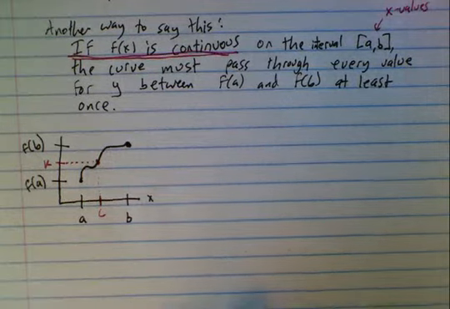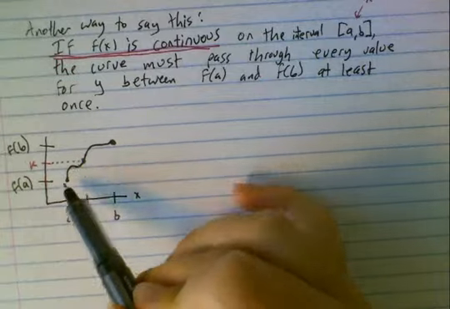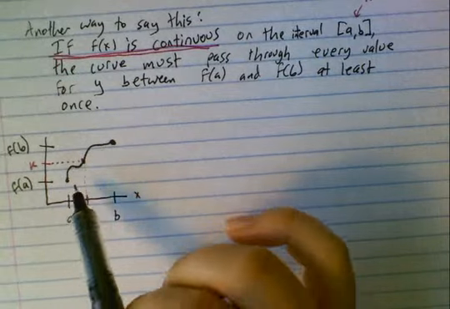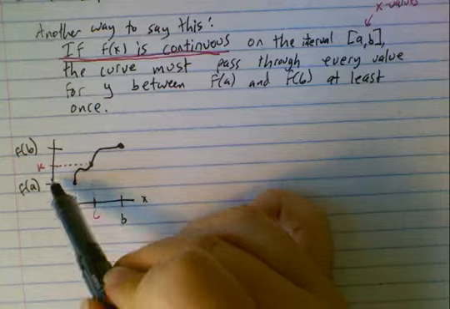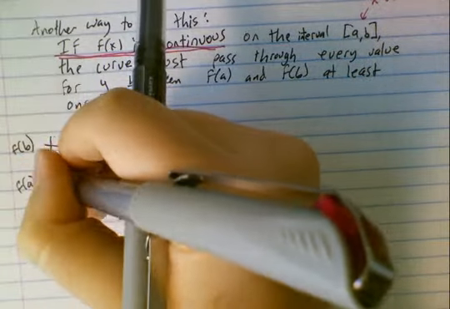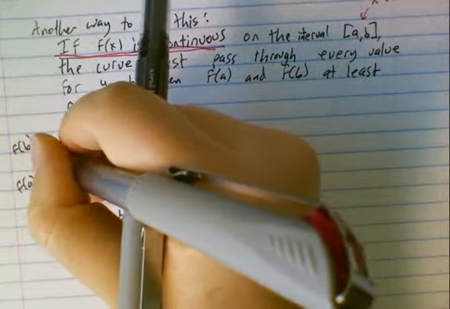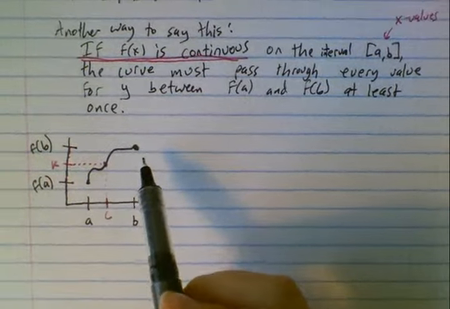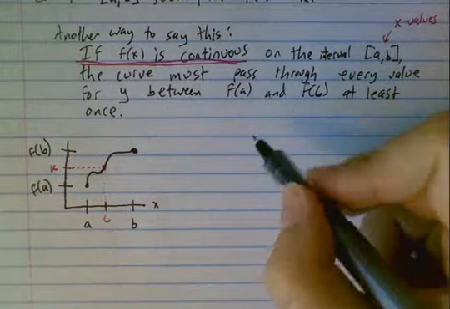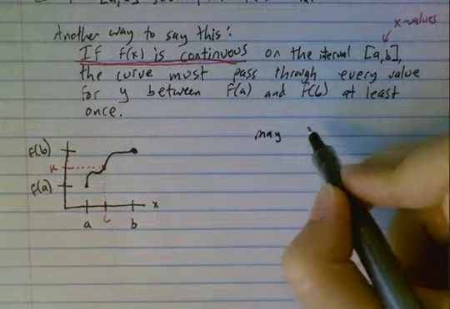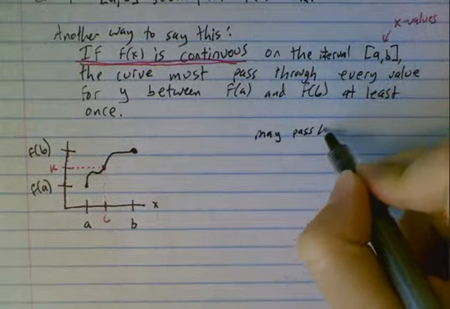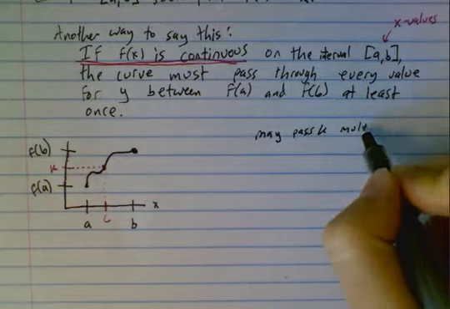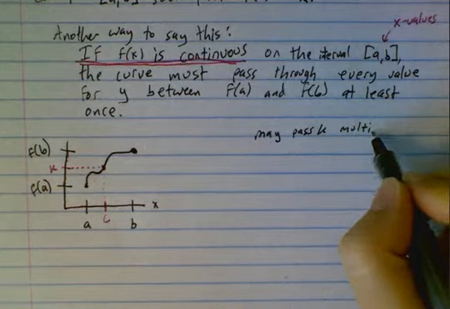That's what it's saying. No matter how we strain, if this is a continuous function, we've got to go through all of these numbers here. All of these have to get hit at some point. Now, it may be the case that the curve passes k multiple times.